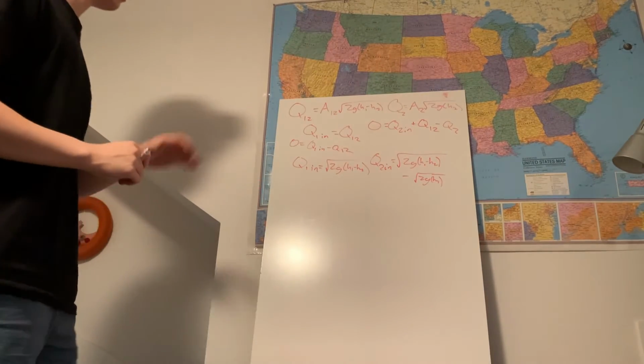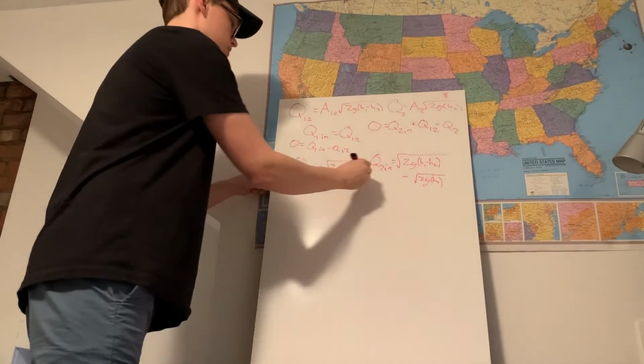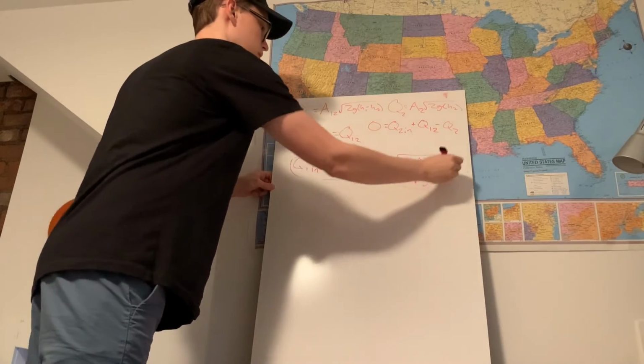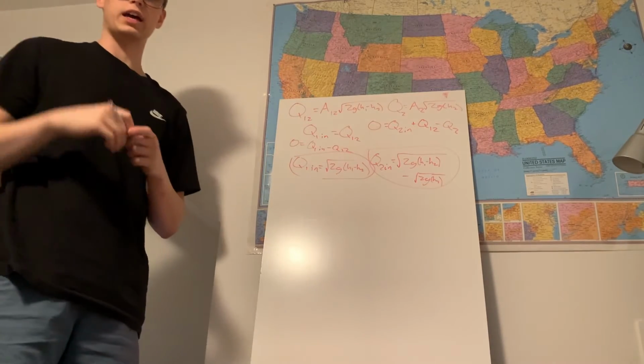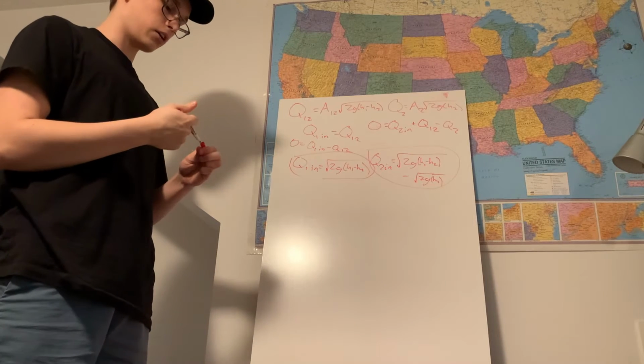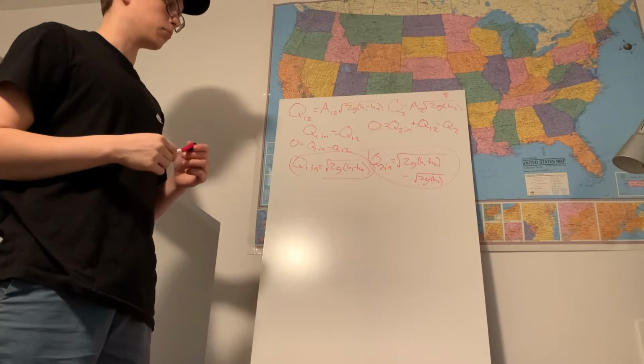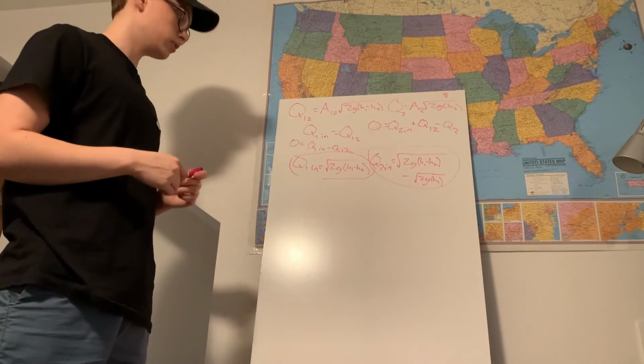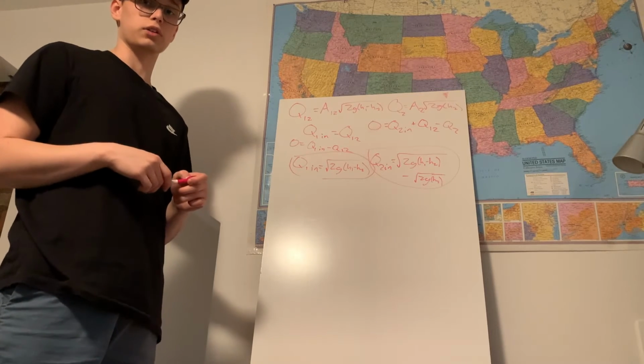And so these two equations are the flow rates for liquid entering both tanks. And then now we're going to look at differential equations in order to solve for the change in flow over time.